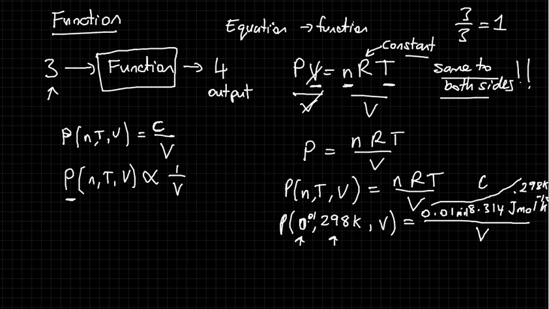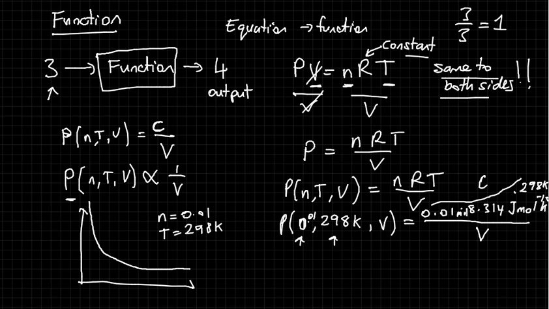So what that looks like when we plot it, so this is for when N is equal to 0.01 and T is equal to 298 Kelvin, we're going to see this relationship here. So this is pressure here, and then this is volume.